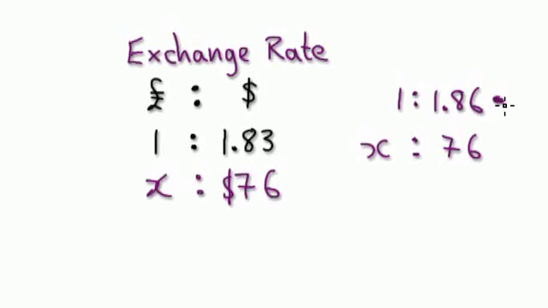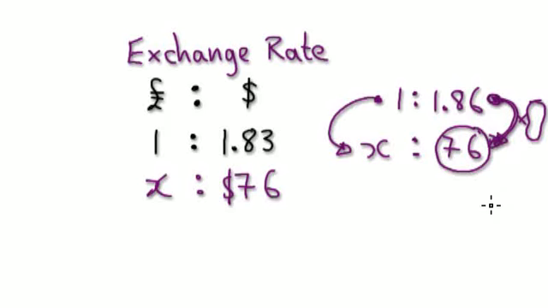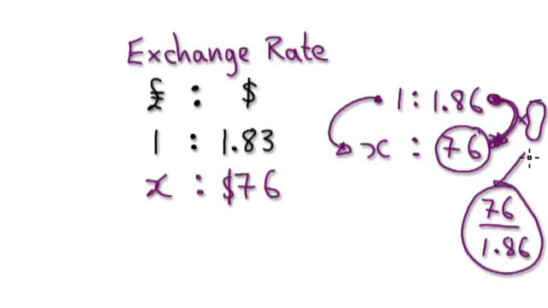Now you're given 76 over here, and you want to know this. So again, use this method here. You're going to need a multiplier here. You would start here and jump into the x here. You want to find out this multiplier. You start here and get to your destination. So to get the multiplier, get the destination, 76, and then you work backwards, divided by 1.86. So this would give you your multiplier.